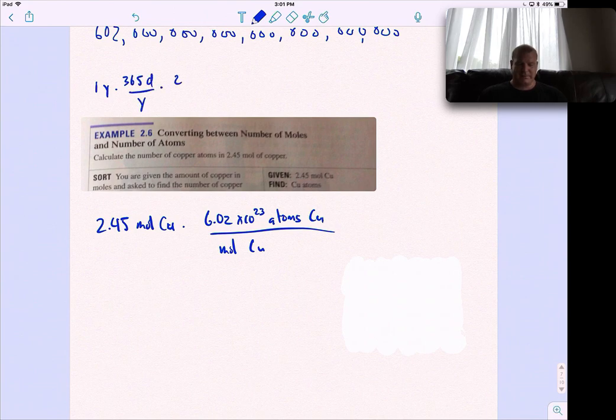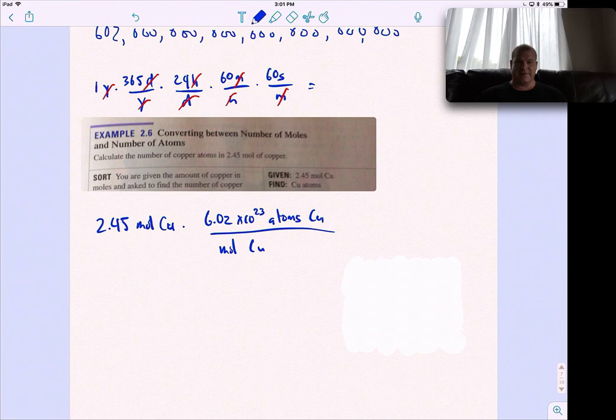Then there are 24 hours in a day, 60 minutes in an hour, and 60 seconds in a minute. Then I notice that the years cancel, the days cancel, the hours cancel, the minutes cancel, and I'm left with seconds.